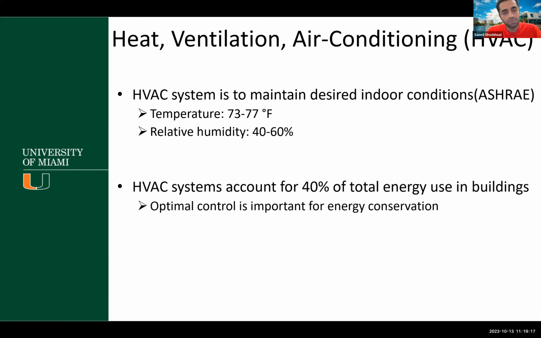HVAC systems account for around 40% of the total energy used in buildings. It's a very large amount. You may see in your FPL bills every month that whenever the outside air temperature goes up, our bills go up, because this is a very big part of our bills.